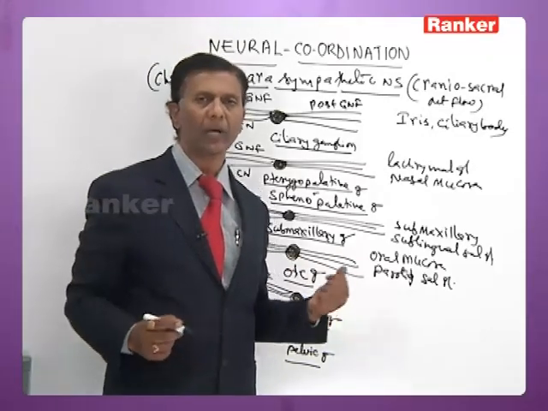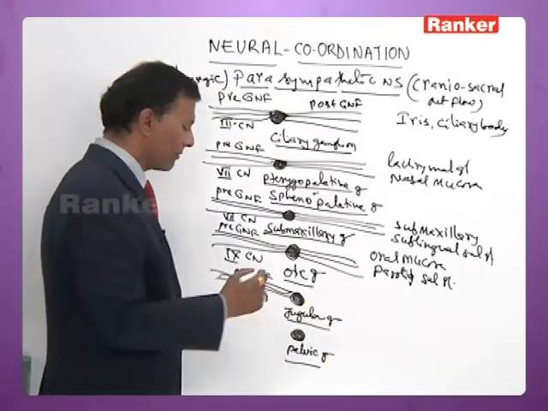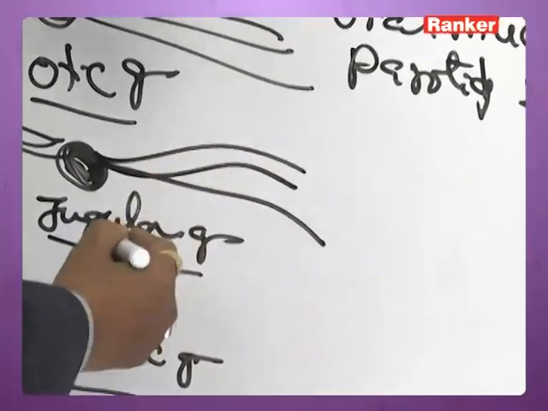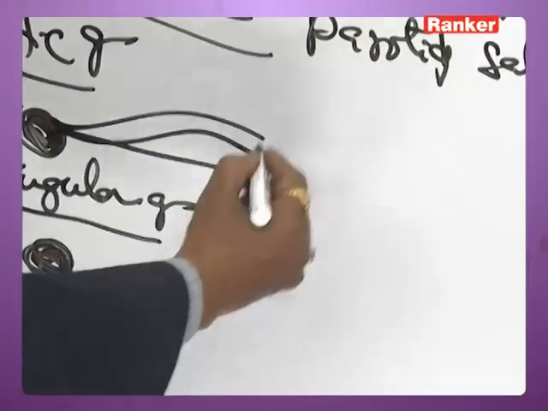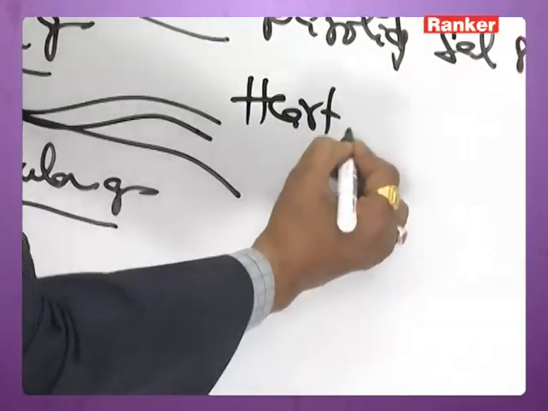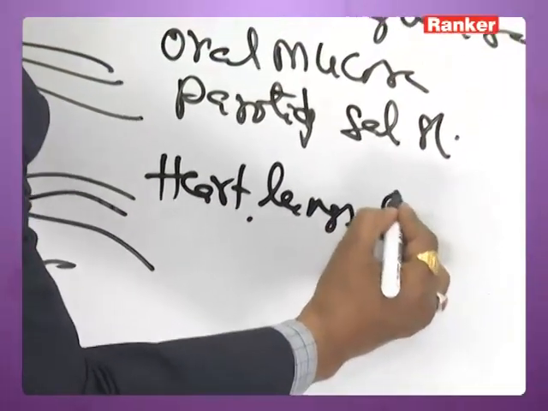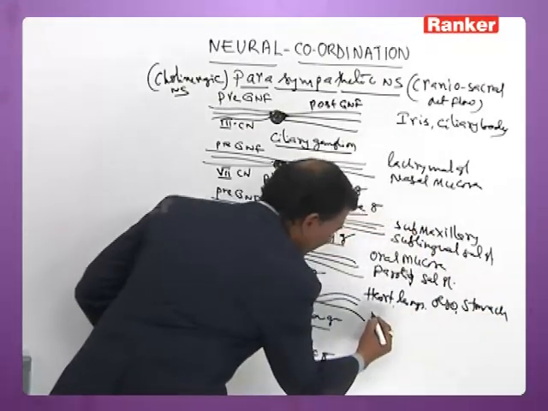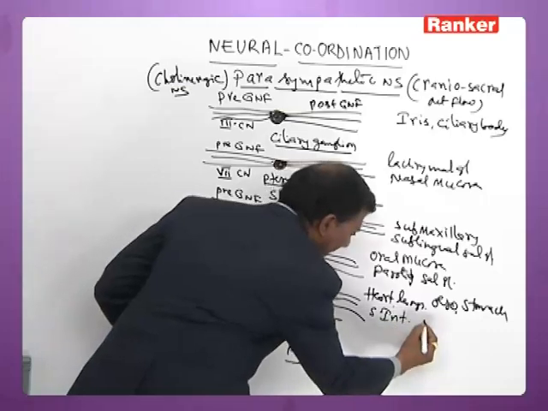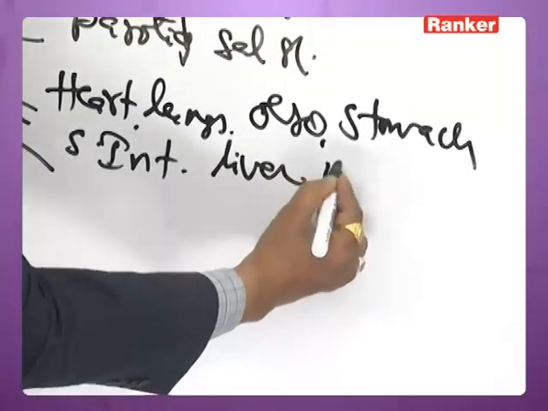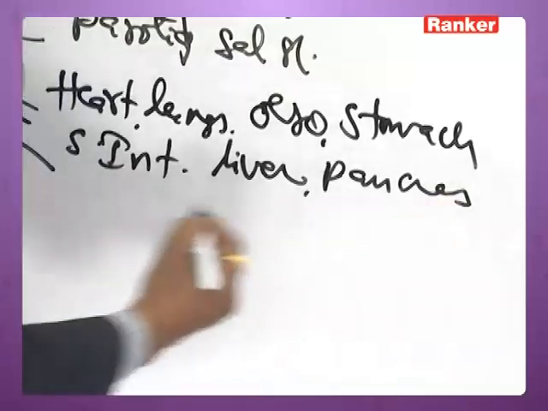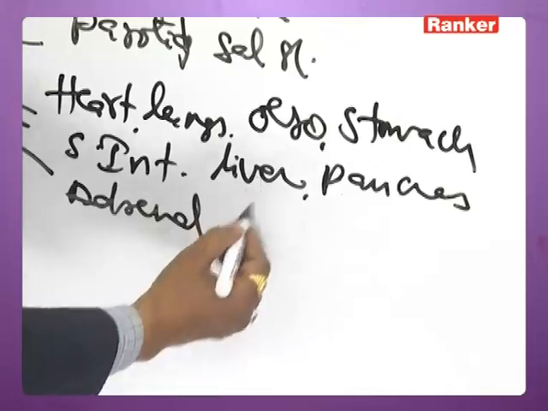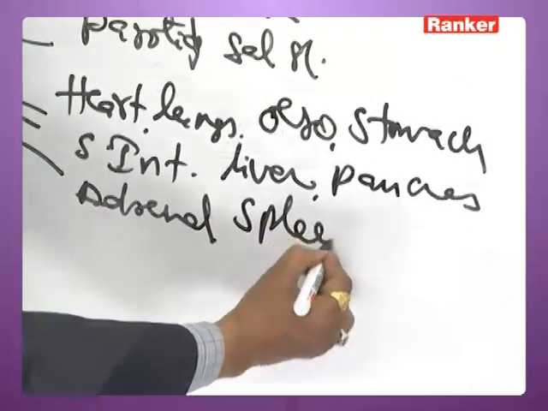And their postganglionic nerve fibers are supplied to the heart, lungs, esophagus, stomach, small intestine, liver, pancreas, adrenal and spleen.